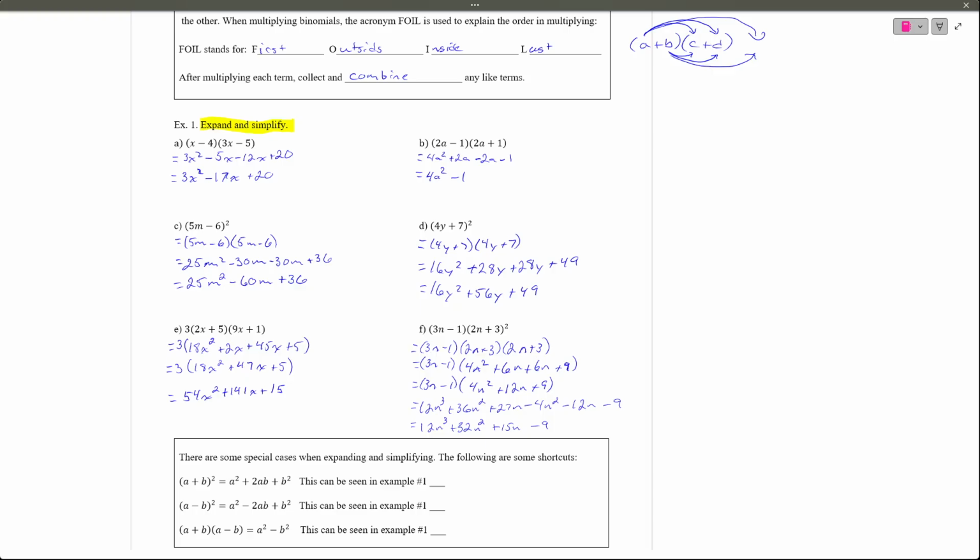Well, let's see if that actually worked out. This is saying I can take my first term and square it. So my first term was 4y. If I square that, 4 squared is 16, y squared is y squared. Okay, so that worked. Great. And then the next one was 2 times a times b. So 2 times 4y would be 8y, times b, which is 7. That'd be 56y.